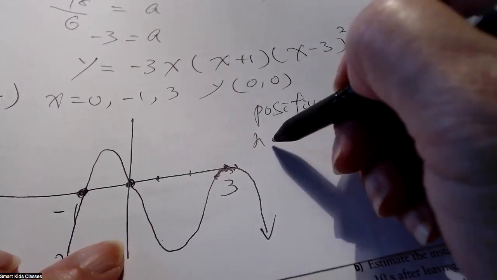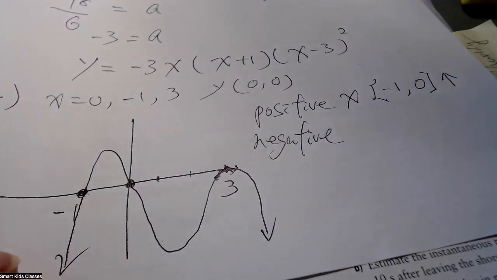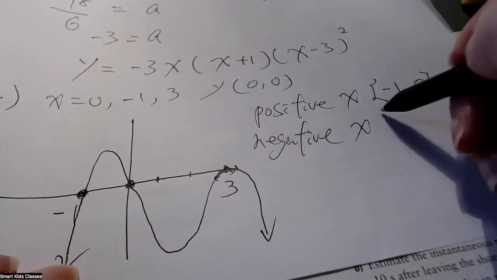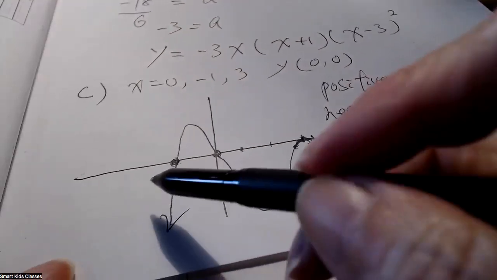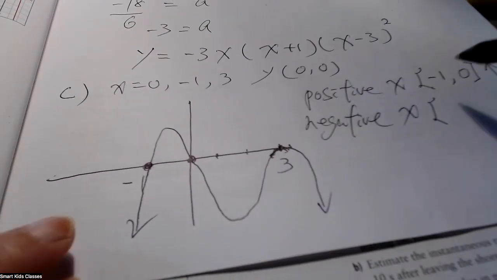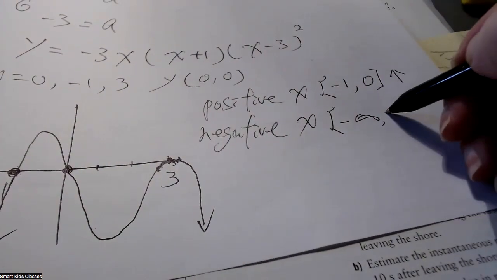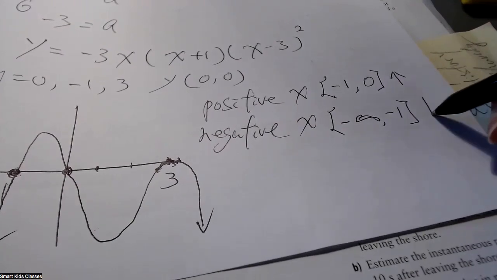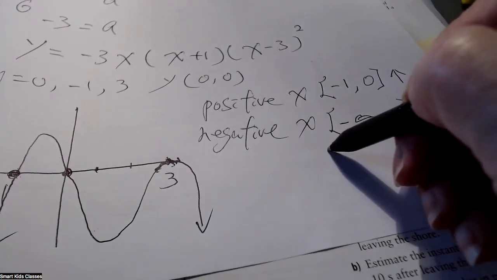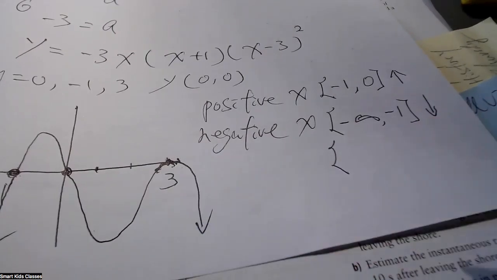Now the negative function. For the x interval, we have a few. From this part, negative infinity to negative 1. So we put negative infinity to negative 1. So decrease. And the next one will be from 0 to 3.